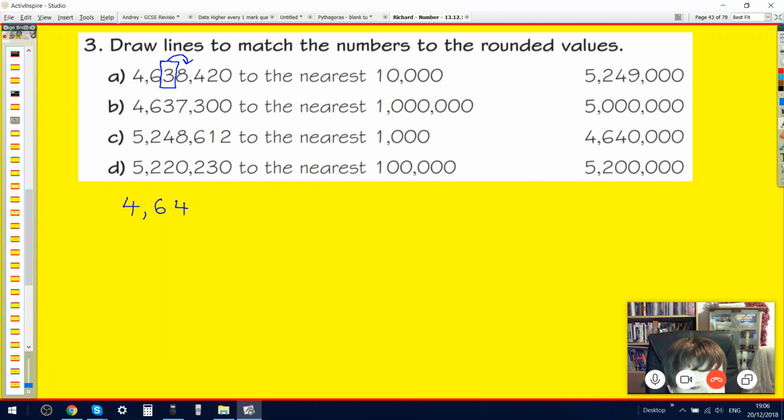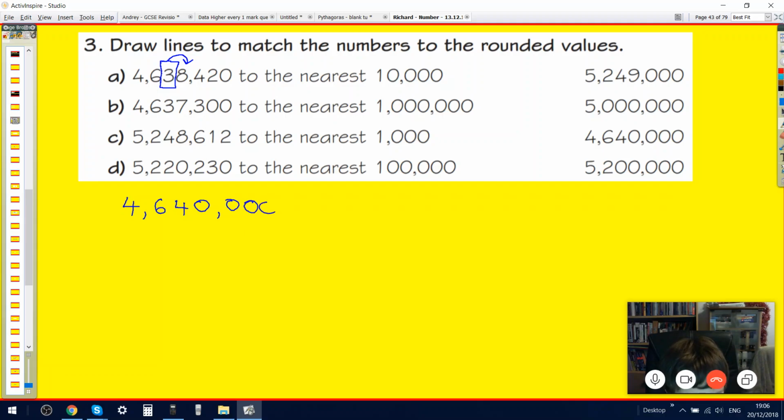4,640. And then so what goes at the end? The 3 zeros?